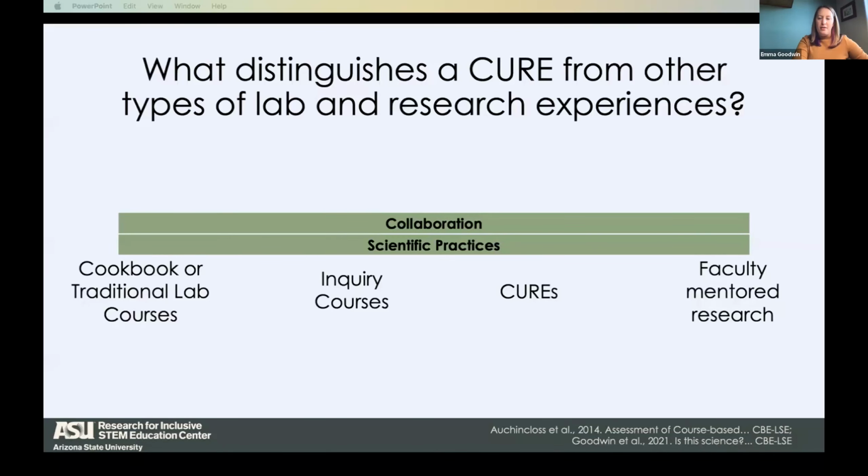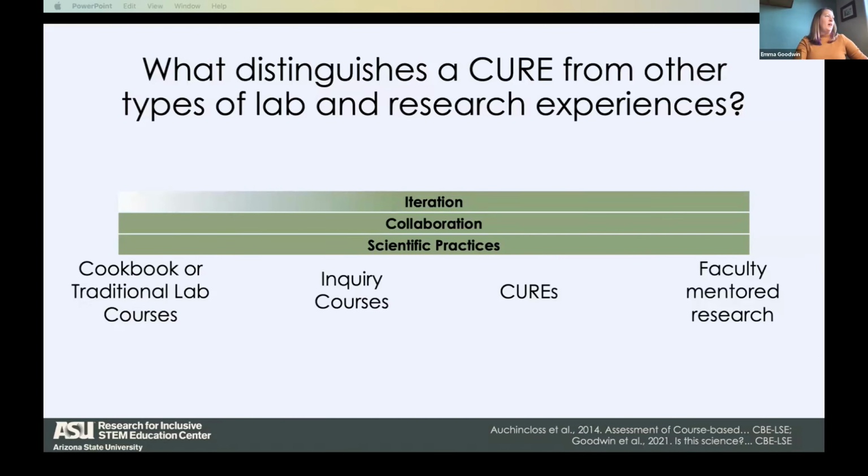So they're working with other students or research mentors or their instructors. And in inquiry courses, CUREs, and faculty mentored research, we start to have more opportunities for students to practice iteration. So this idea of doing a project that's building off of previous scientific knowledge and also having opportunities to repeat experiments, to adjust things and move on from there.